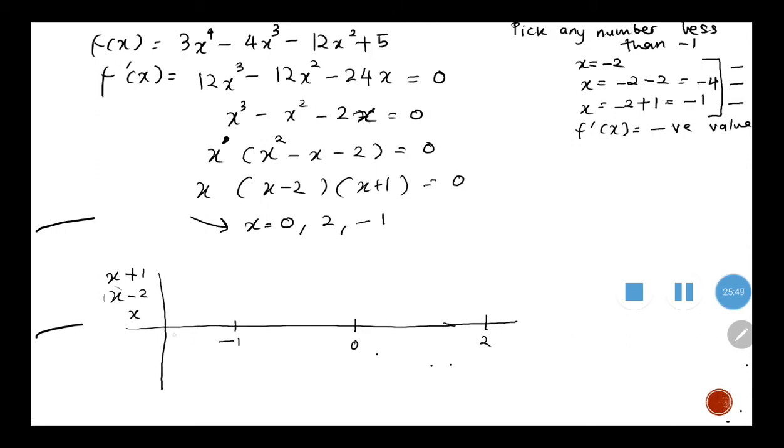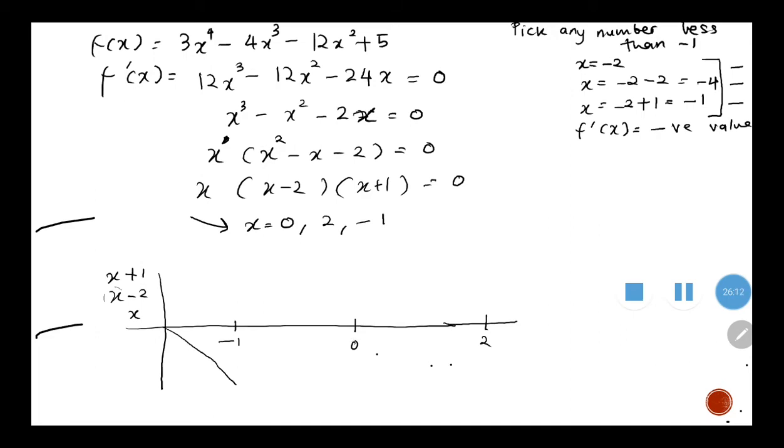You might come across this in the exam. So this is decreasing. Now we want to find any number in the range between minus 1 and 0.